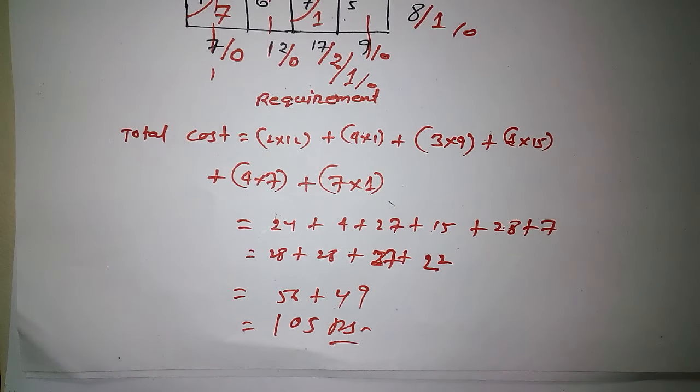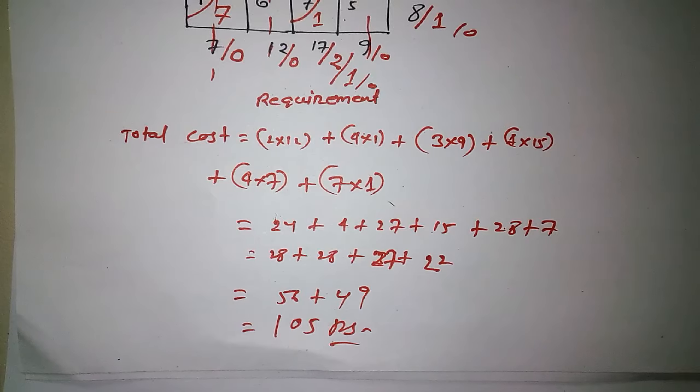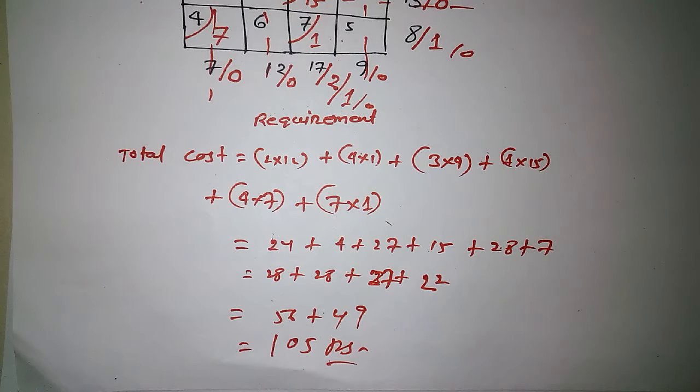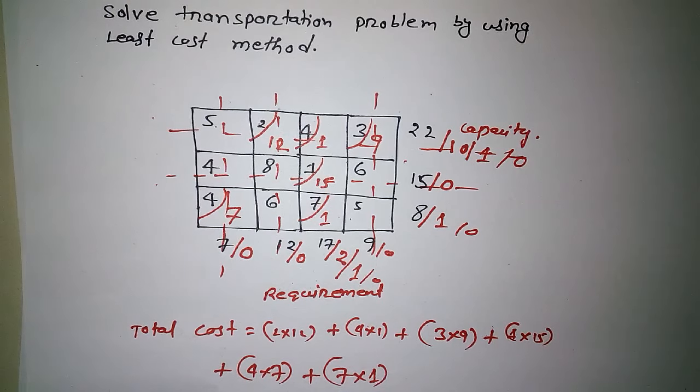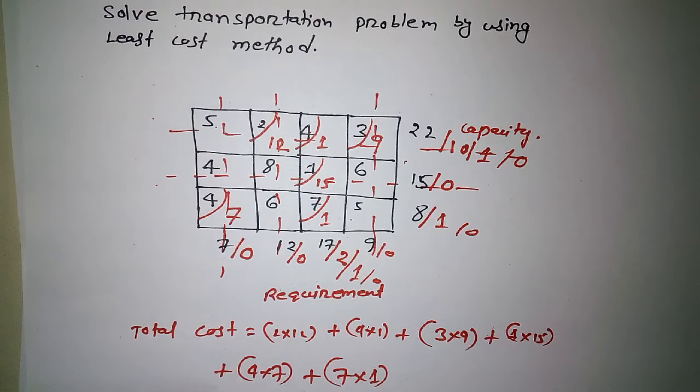So by using the least cost method, I have solved this transportation problem, and in the previous video I also shared how to use the northwest corner rule method to solve a transportation problem.